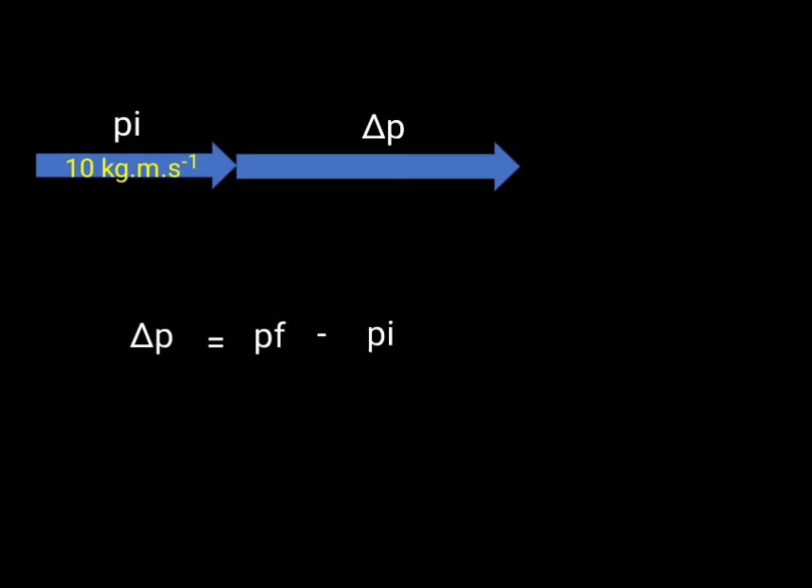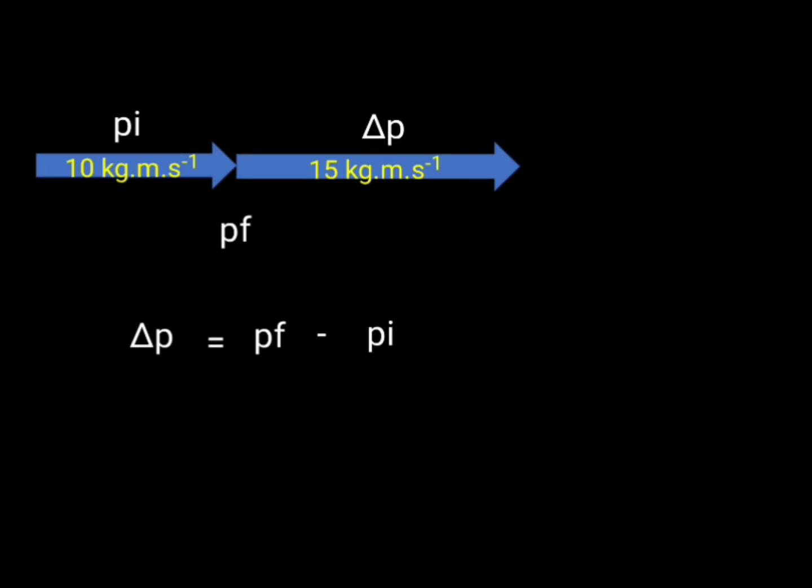But we already know that delta P is the same as impulse. Okay? So this object receives an impulse of 15 kilograms meters per second in the eastern direction. What will be the final momentum?